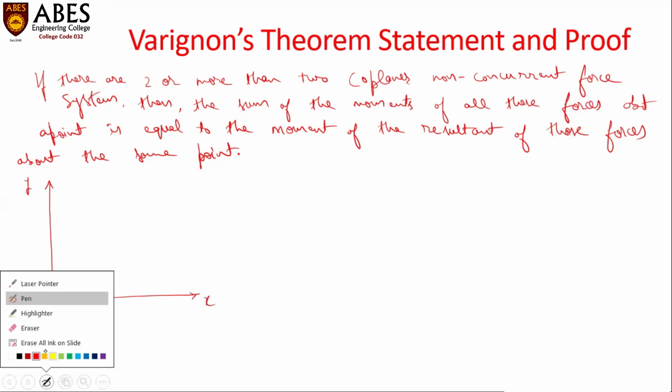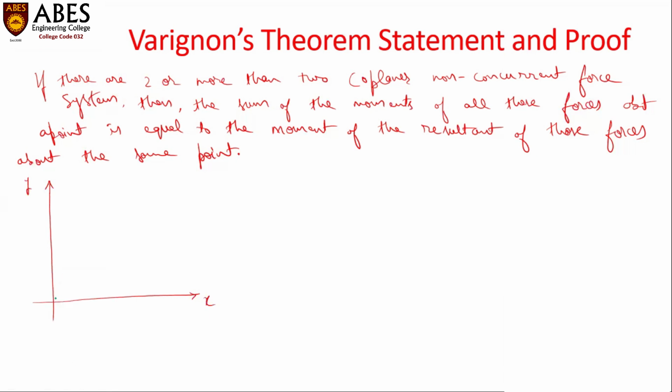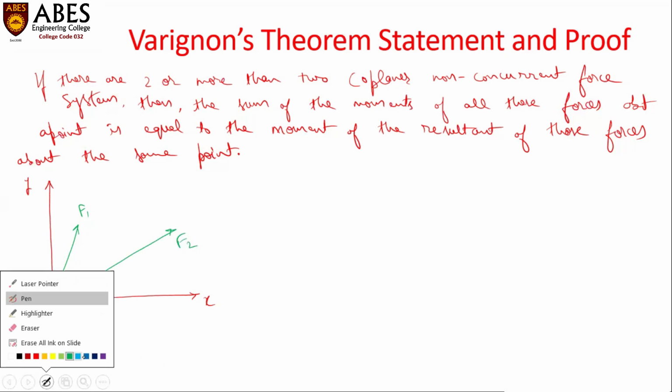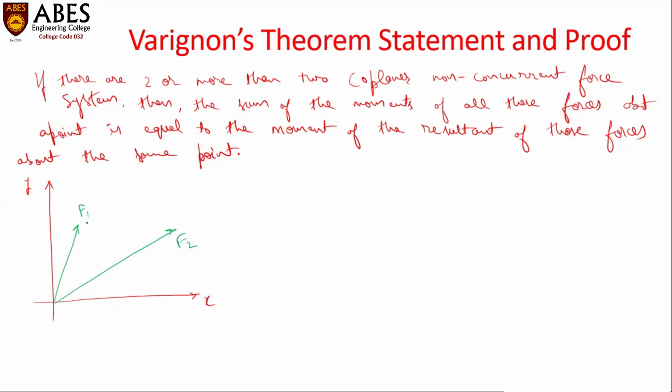Now, let us suppose there are two forces we are considering here. This force is F1 and this force is F2. And the resultant of these two forces is R. So how to locate this R? We will use the parallelogram law.